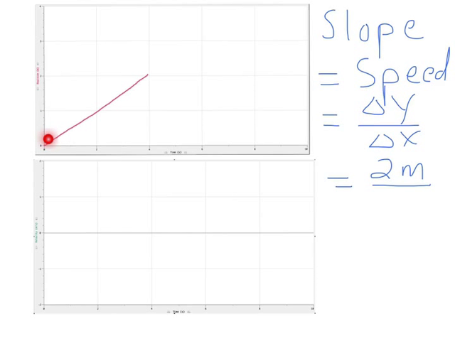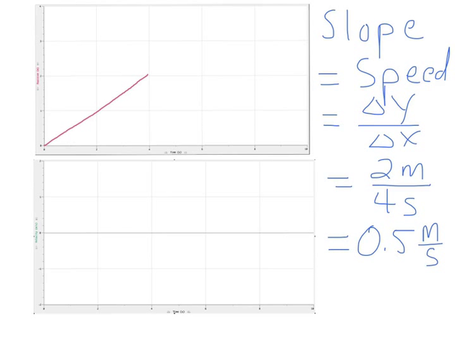So delta y was 2 meters, delta x is 4 seconds. So the slope is 0.5 meters per second. So just like I divide 2 by 4 to get 0.5, I divide m by s to get meters per second. So that's actually my speed.